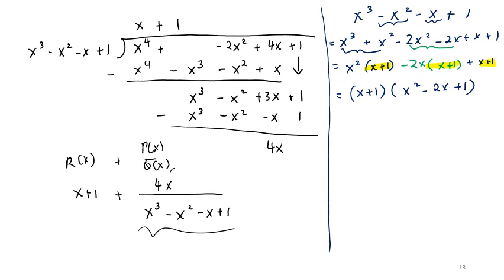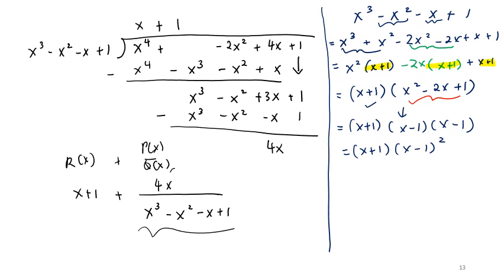Okay, so this one is one linear function which you don't need to factorize anymore, but the quadratic part here, you need to factorize it further. So you factorize the quadratic, so you get x plus 1, just take it down, and then this one you can write as x minus 1 and x minus 1, which is actually x plus 1 and x minus 1 squared.